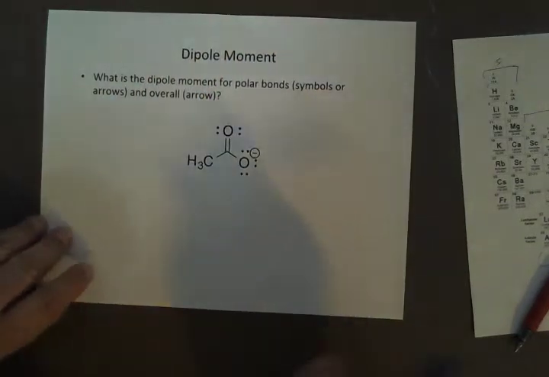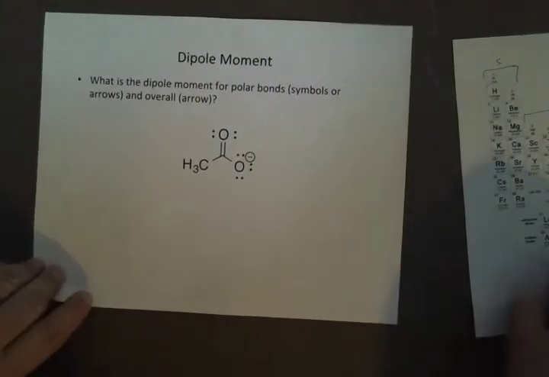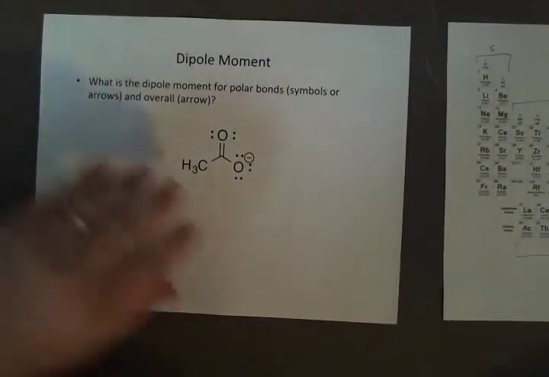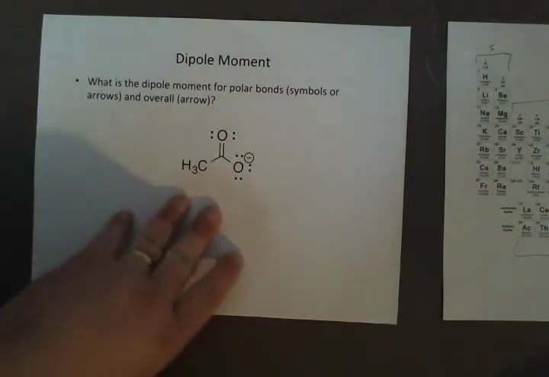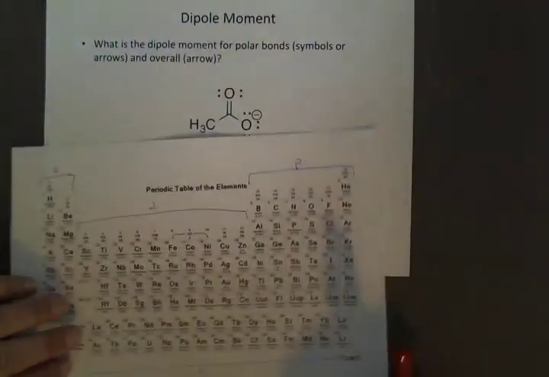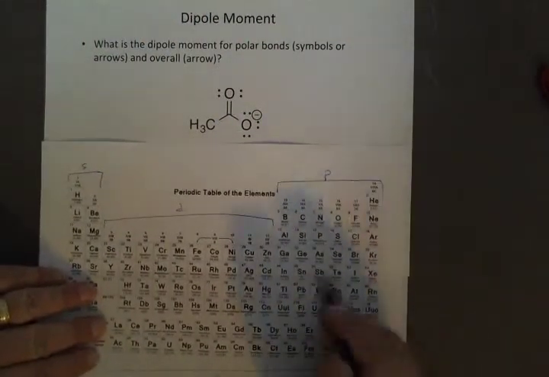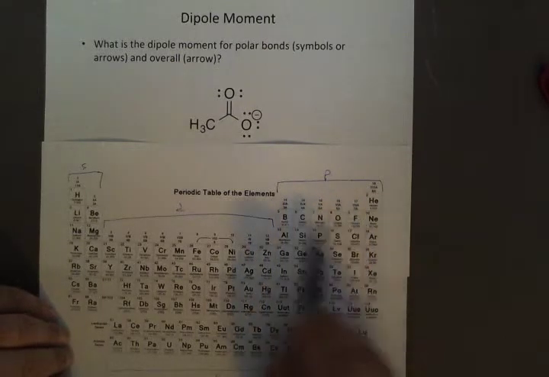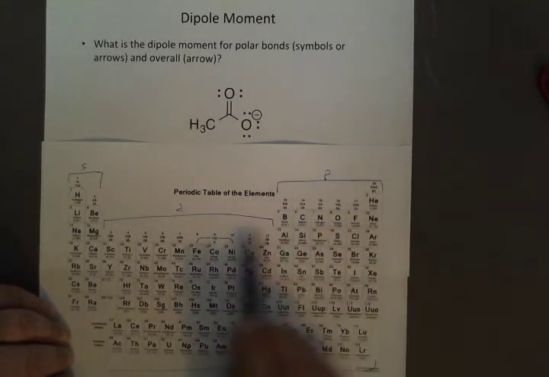Okay, now for dipole moment, what you're looking for is the electronegativity of this. I'm going to give you the numbers for this. You don't have to memorize them, but you can always look at the periodic table if you don't remember what the numbers are. The closer an atom is to fluorine on the periodic table, the more electronegative it is.